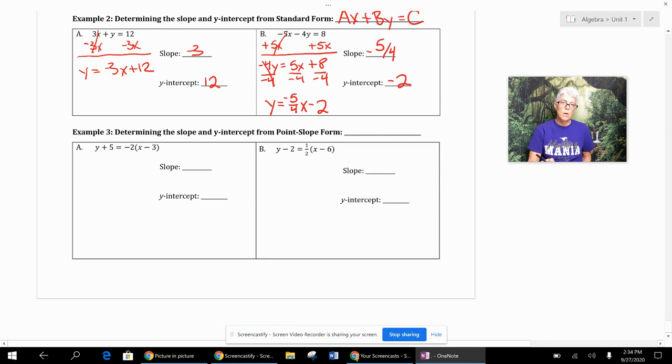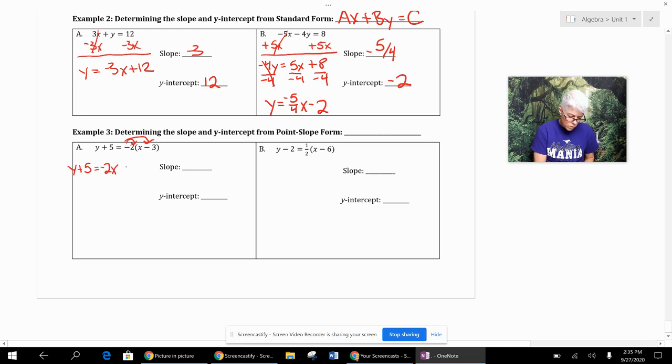Now we have this unusual looking equation, but it's not as bad as it looks. So we're going to just do everything that we've learned so far about distribution and moving things around. We're going to do that till we get this equation in slope-intercept form. So I'm going to distribute first. So now I have y plus 5 equals negative 2x.